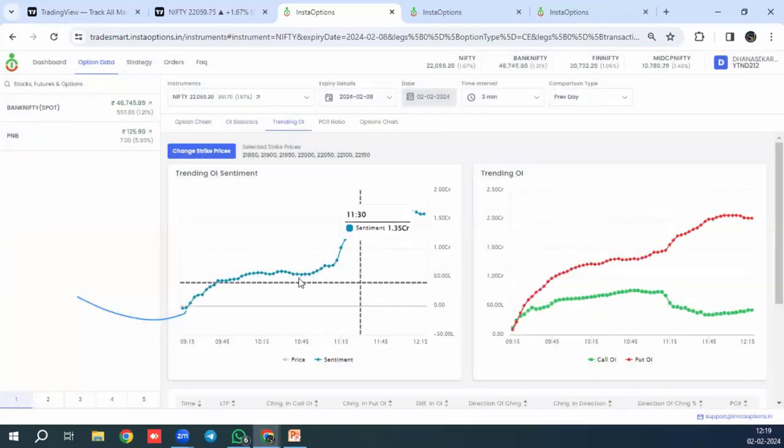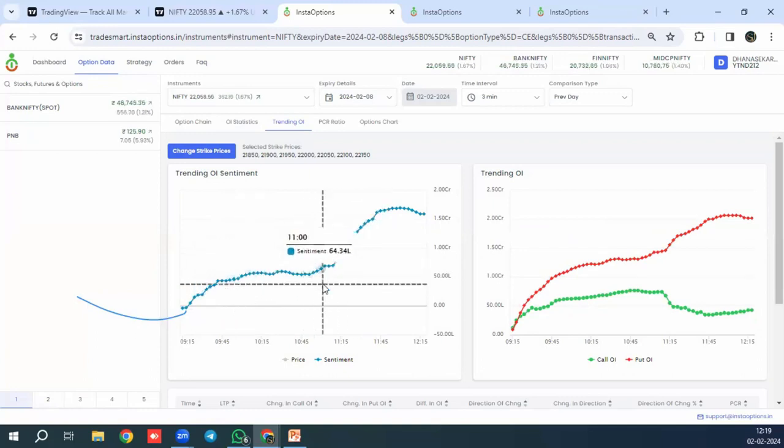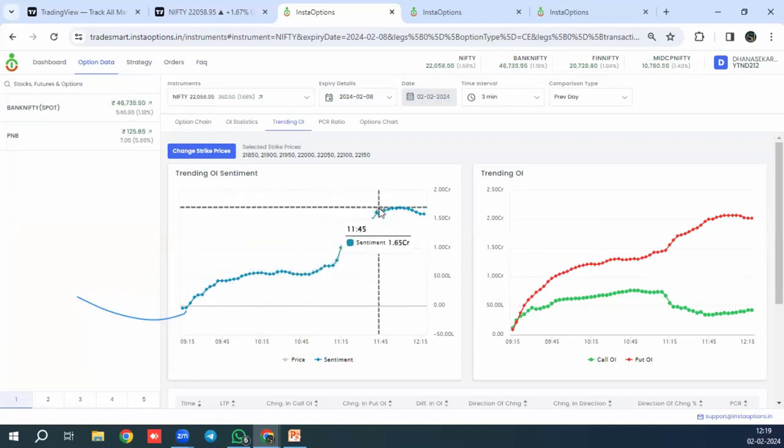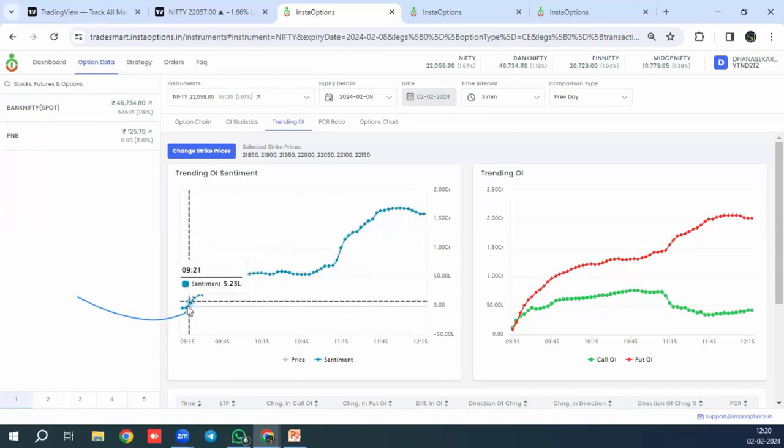So even if you have changed your strikes to ATM and 3 plus minus, it is showing bullishness. So which means market is really bullish, and any trade which we have already executed, we can still hold with this. Okay. So this is how you can change the strike price when market is moving violently in one direction.